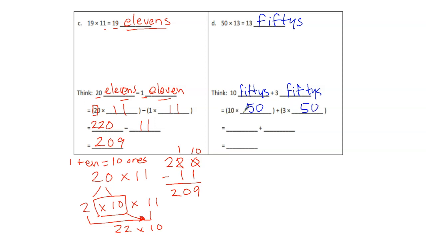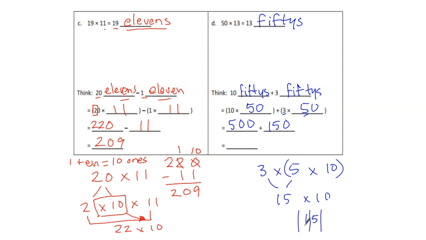Well, 10 times 50 is going to be 500, and 3 times 50 is going to be 5 times 3, 15 times 10. All I did was factor out that 50, and then I took my 15 and multiplied it by 10 by moving it over in my place value chart.